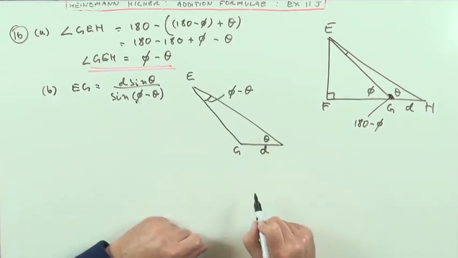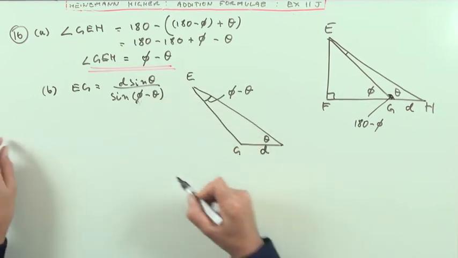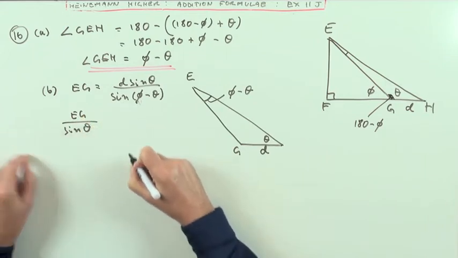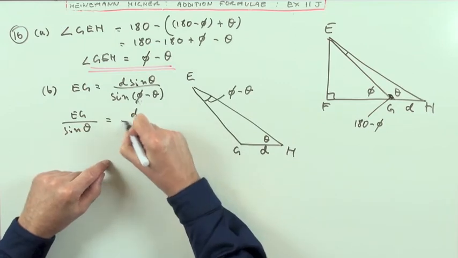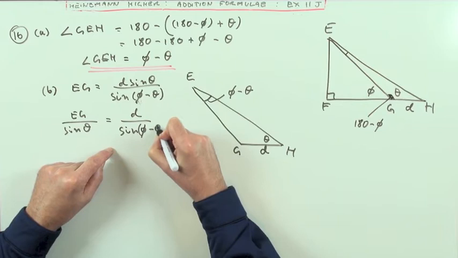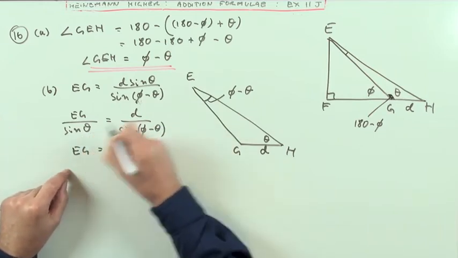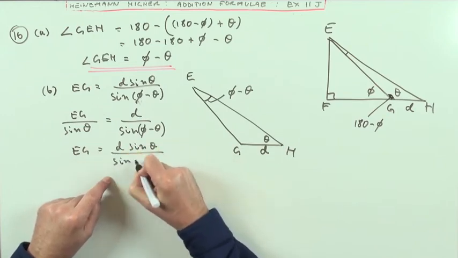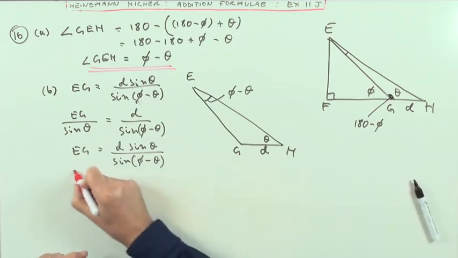Using the sine rule in this triangle because we've got the opposites: EG, angle opposite theta, so EG over the sine of its angle should be the same as, now the length GH that's just called D, D over the sine of its angle, which is phi minus theta. Then straightforwardly, take that across and multiply: EG equals D sine theta over sine (phi minus theta). There wasn't a lot to that.